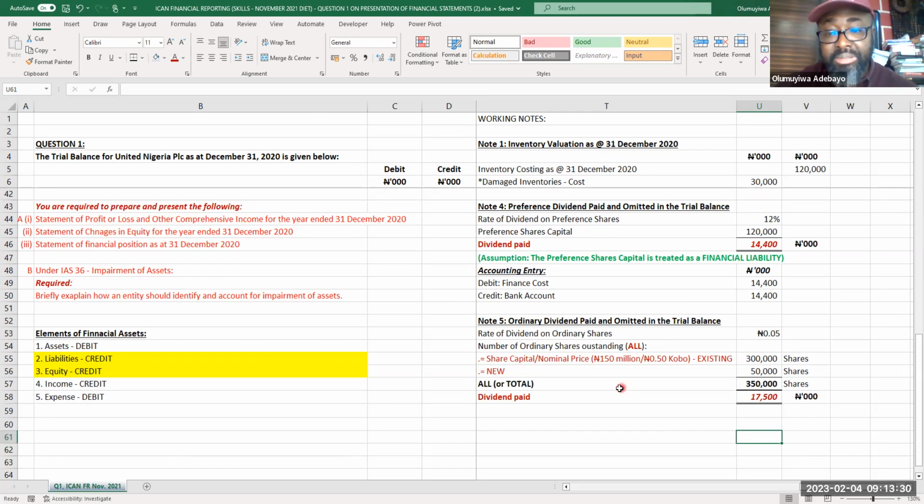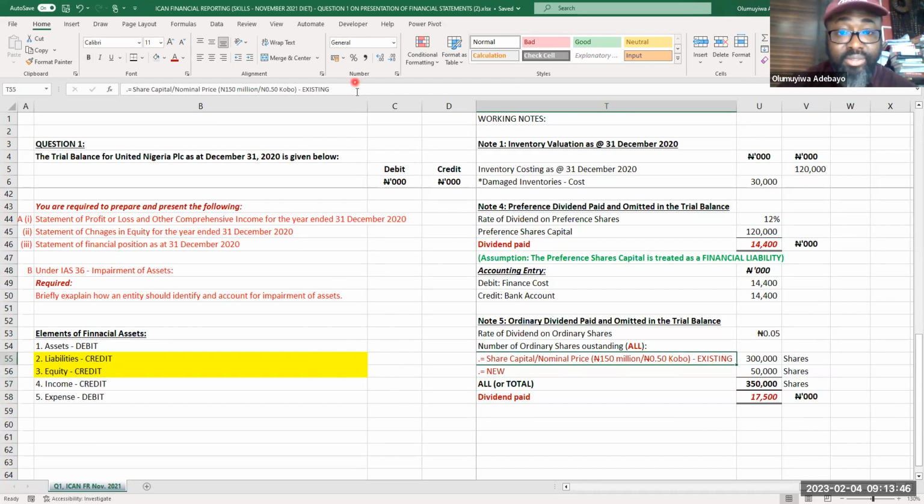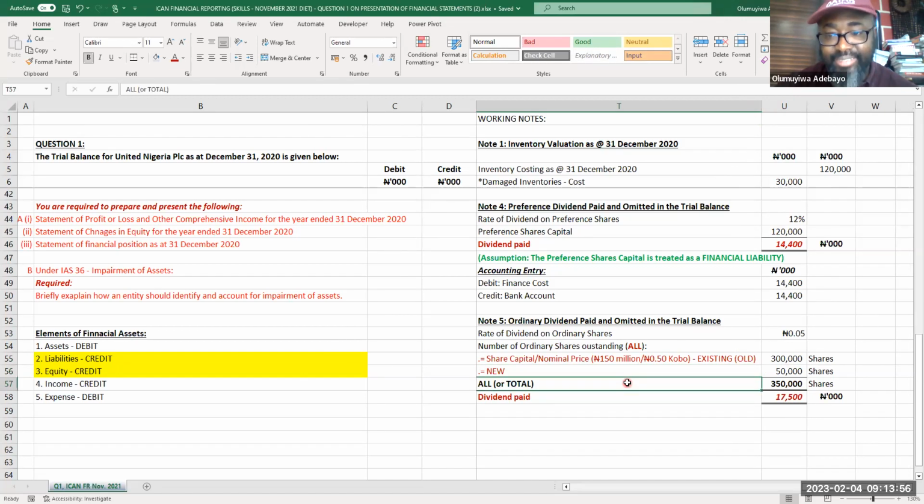but again, probably I can just more or less consider the word existing from the angle of what is outstanding as at the end of the year. Or probably you can consider existing from the angle of old shareholders. Let me put it there, old shareholders and the like. But again, you must state your position clearly.